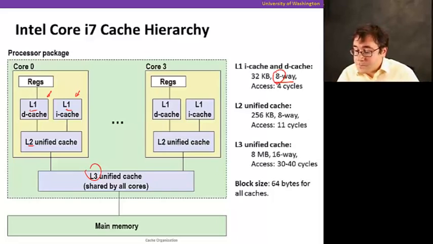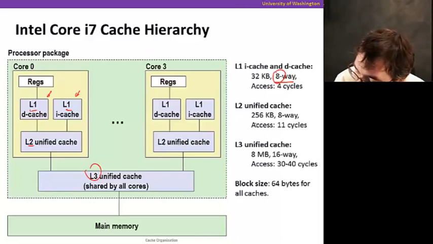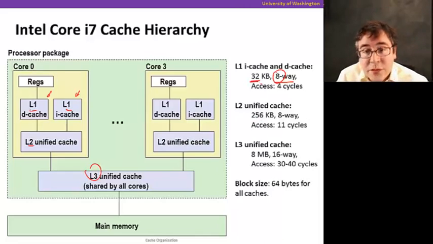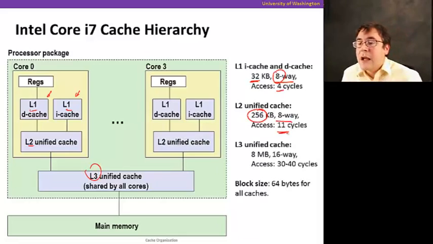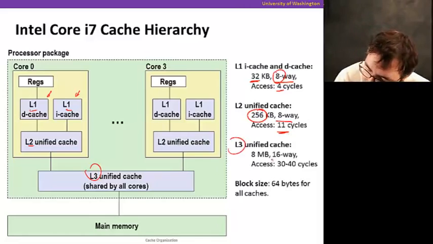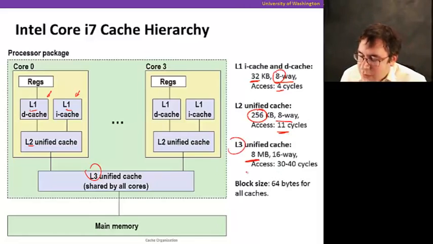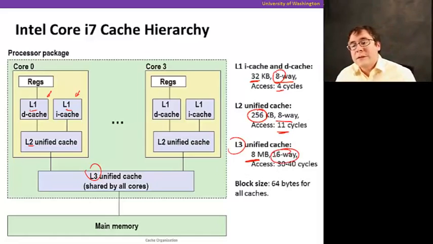Now, the L2 unified cache, and by the way, the L1 cache is 32 kilobytes each. The L2 cache is 8 times bigger, and it's also 8-way associative. And notice that the access time of the L1 is 4 cycles, the access time of the L2 is 11 cycles. Now, the L3 is already much bigger. We're talking about 8 megabytes, and even higher associativity to have even lower conflict misses.